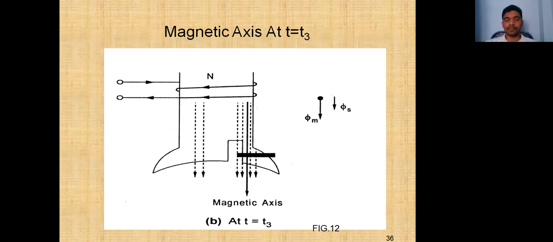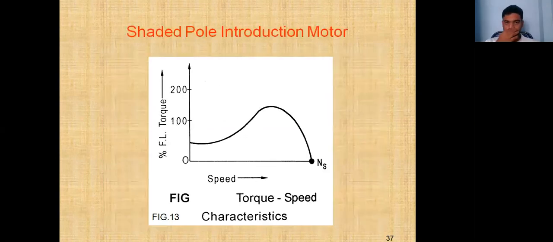Here, at T3, the flux is crowded to the shaded band. Now the magnetic axis shifted to the center of the shaded part. This is the torque speed characteristic of the shaded pole induction motor.